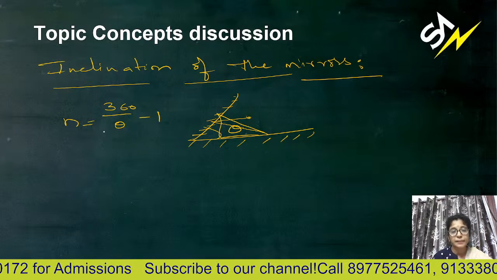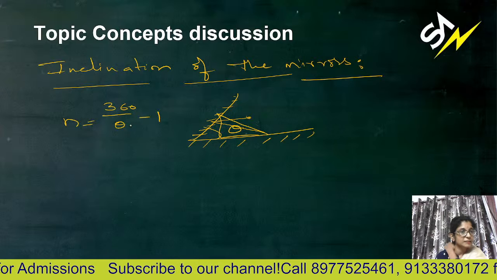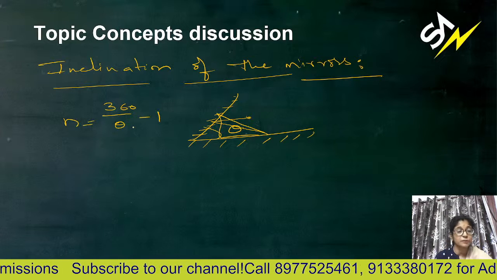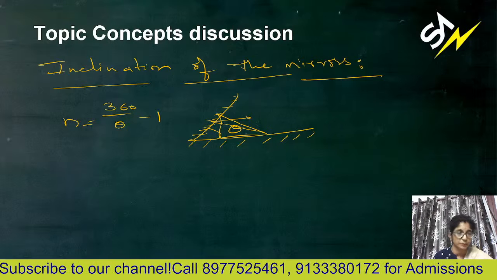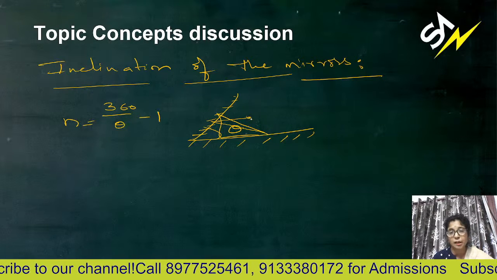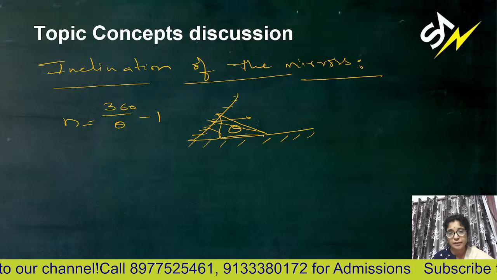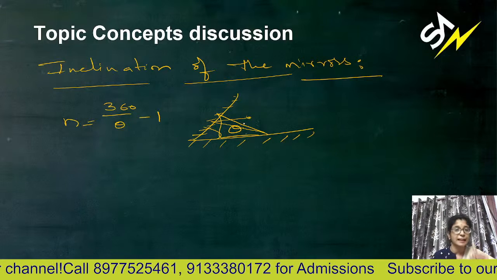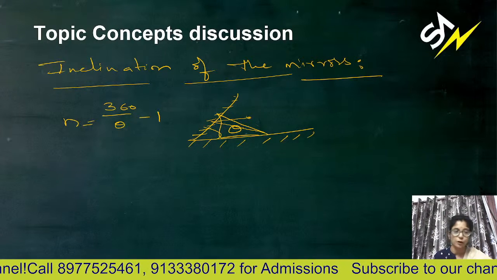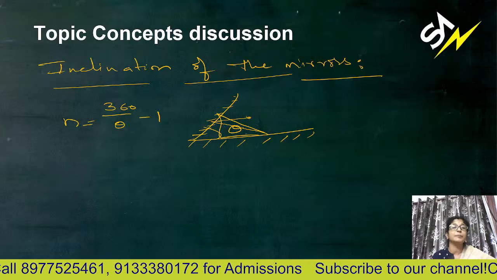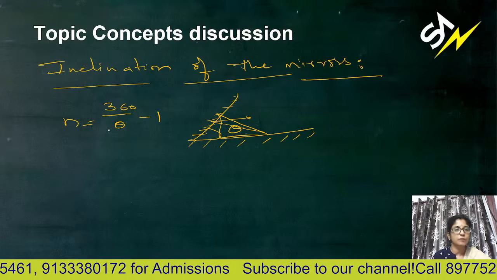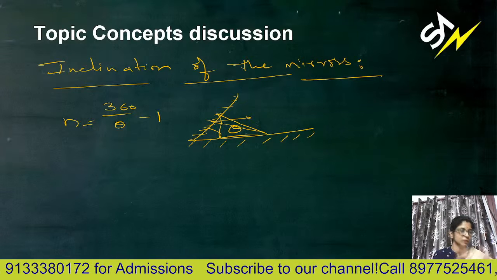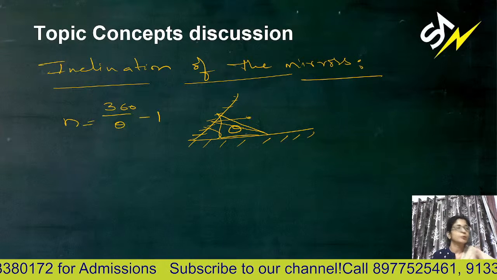Okay. If 360 by theta is even, then you have to take minus 1. You have to see that the number of images should always be odd in number. Why odd in number? Like 1, 2, 3, 4, somewhere at one mirror it has to stop. So the final image will be the odd image. That is the reason why, whenever you are calculating the number of images by using this particular formula, you have to see that.